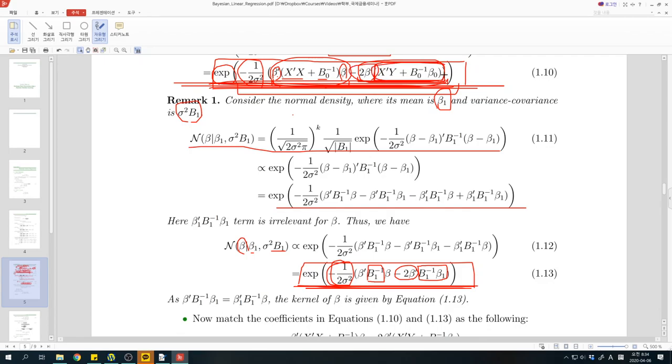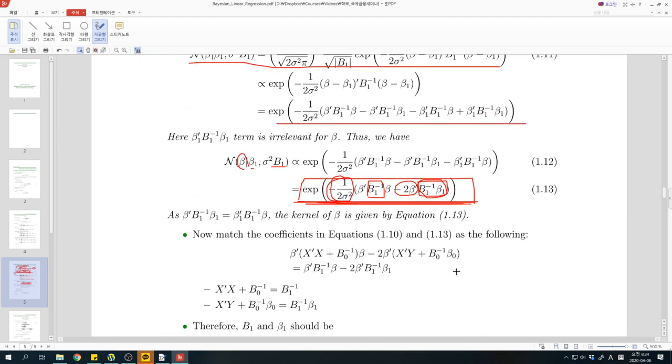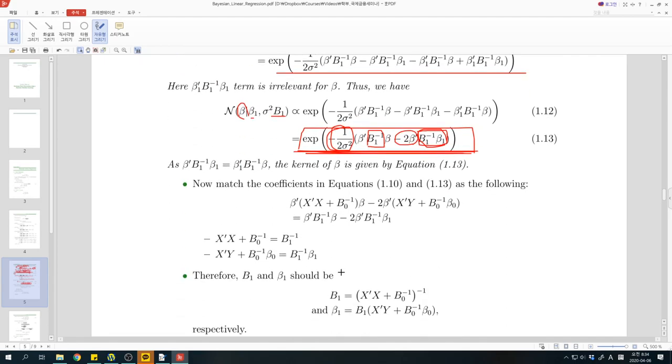This term must be equal to beta 1 prime b1 inverse. So this term should be equal to b1 inverse, and this term should be equal to this one, right?